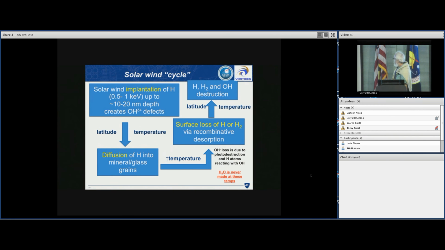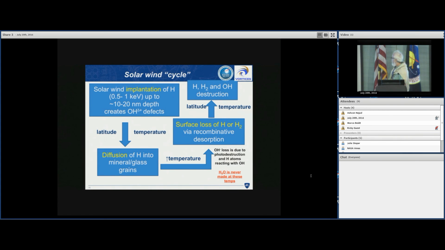Now that'll be a little bit dependent upon the latitude because the flux is latitude dependent, and then the temperature. Now, when this comes in and it makes a hydrogen atom, if the hydrogen atom doesn't form an OH, it'll rapidly, and this moves really fast, find another hydrogen and make H2 and leave. Okay?